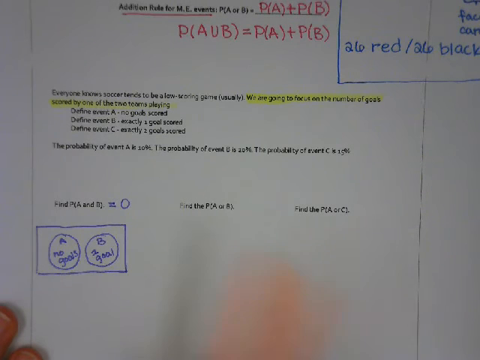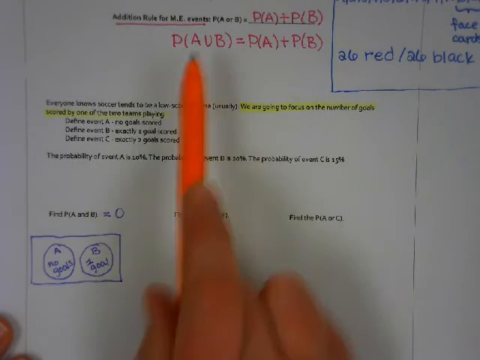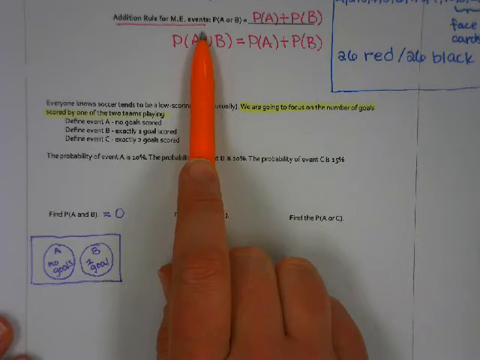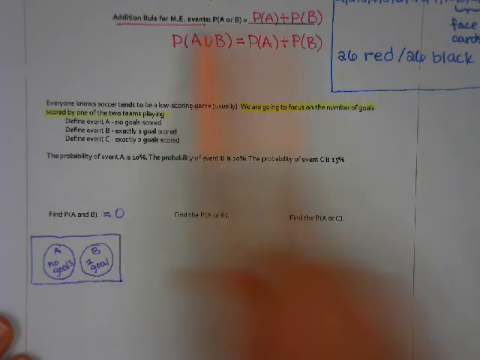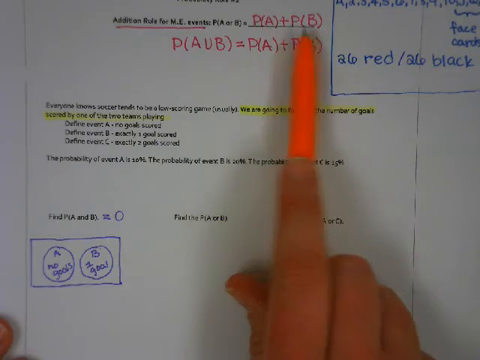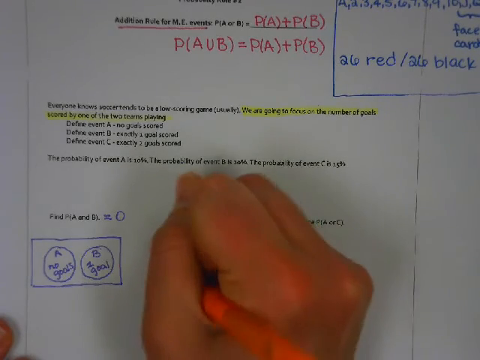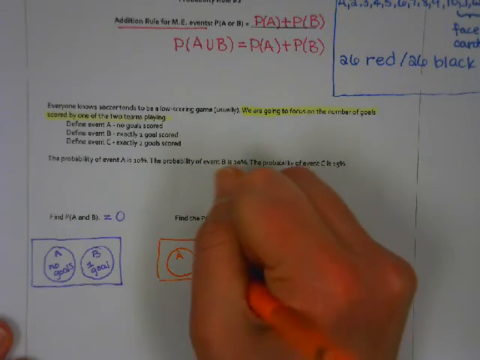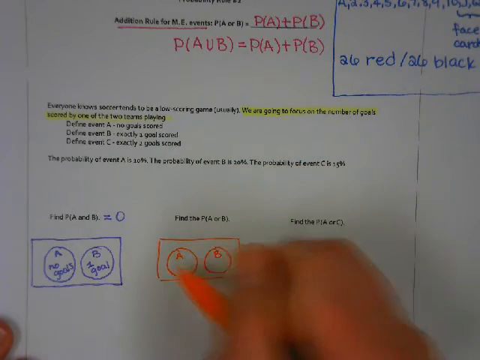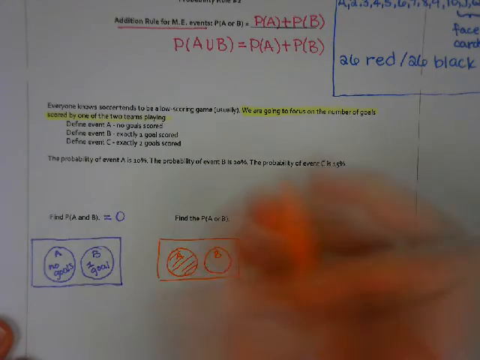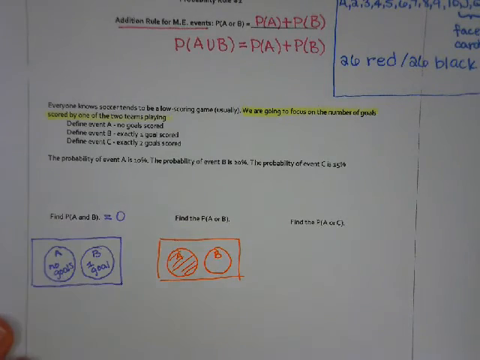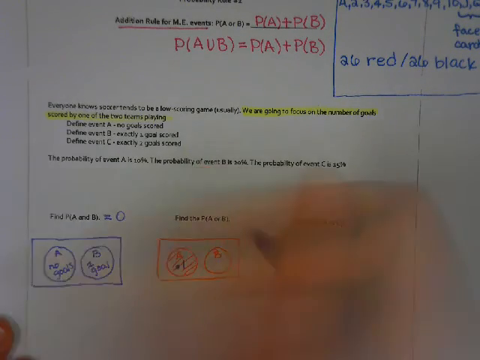Probability of A or B, so that the team scores no goals or they score 1 goal. We would use our addition rule for mutually exclusive events, and we would add the probability of A plus the probability of B. So again, here's A, here's B. So the probability that A happens is in here, and that is 0.1 or 10%.